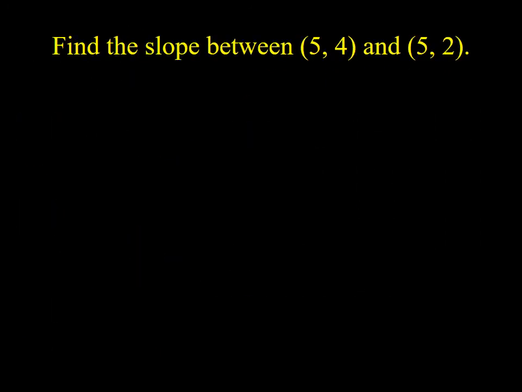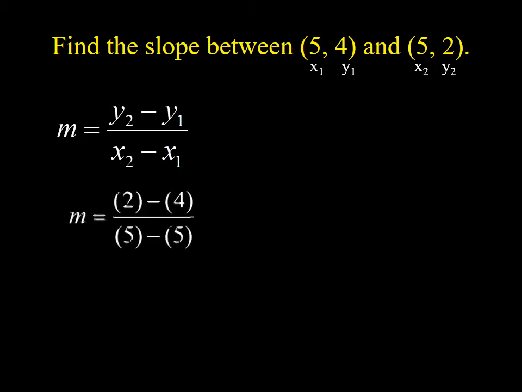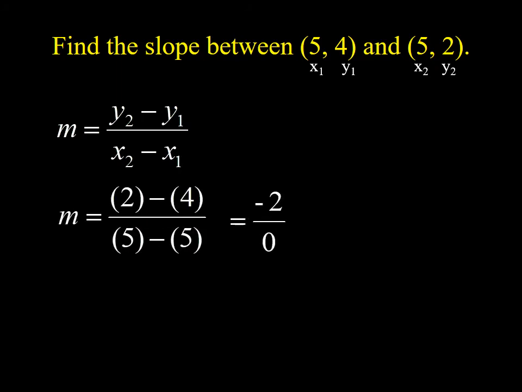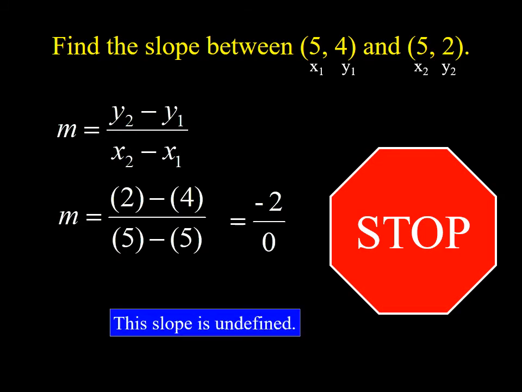Find the slope between (5, 4) and (5, 2). At first we will put our rule (y2 - y1) over (x2 - x1). So (2 - 4) over (5 - 5) = -2 over 0.